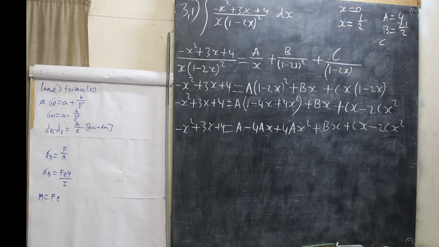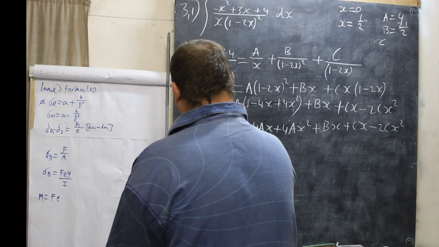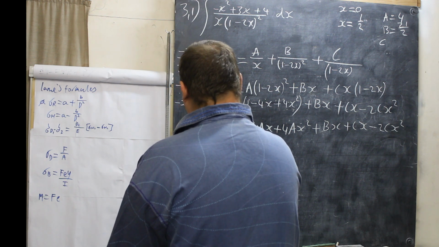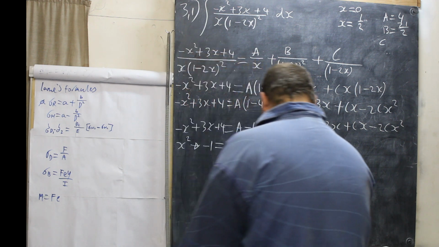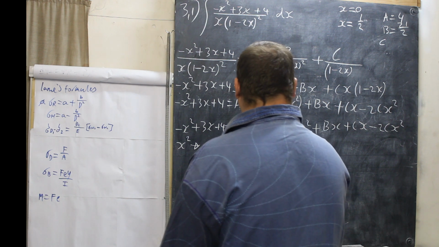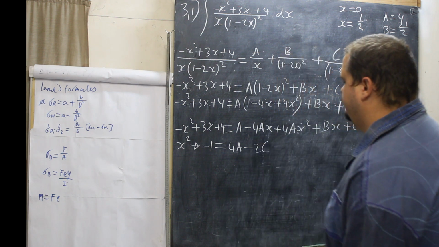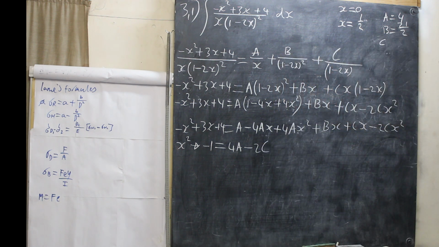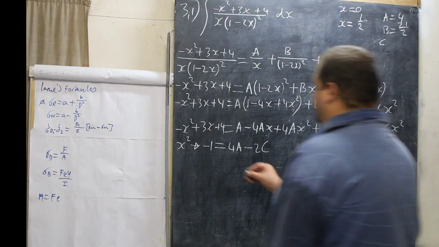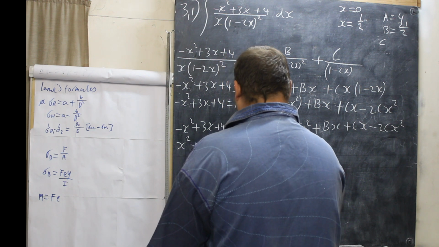Alright, how we're going to find our C is we can use x squared. So in this case, x squared, now we're only going to deal with the coefficients. The x squared is equal to minus 1 equals 4a minus 2c. Now a, 4 times 4 is 16, minus 2c.